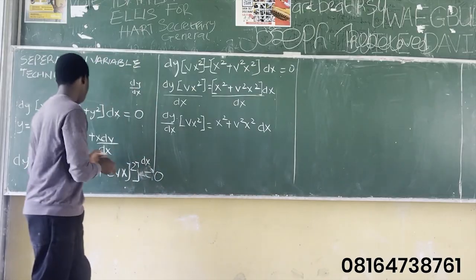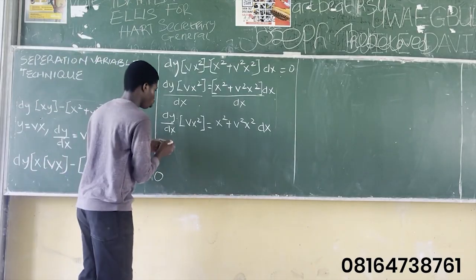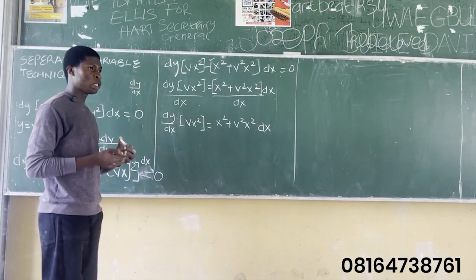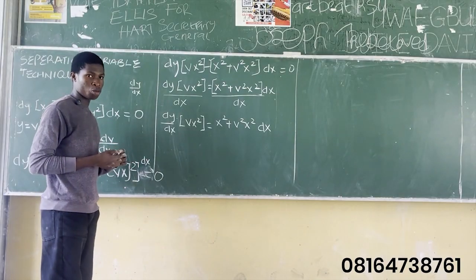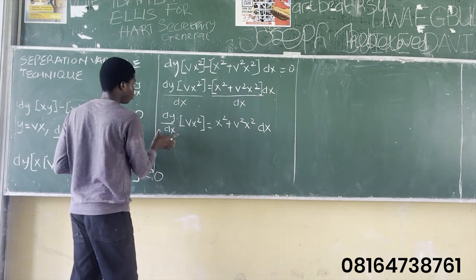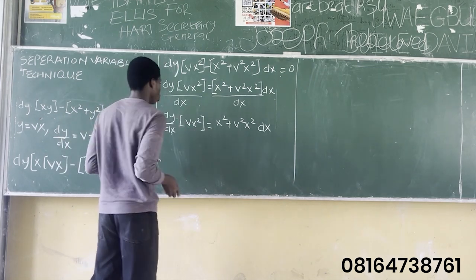So now we want to input this into this whole equation, but this vx squared is obstructing the whole equation. What is the most logical thing that can come to our mind is to divide through by vx squared. So let's do that.